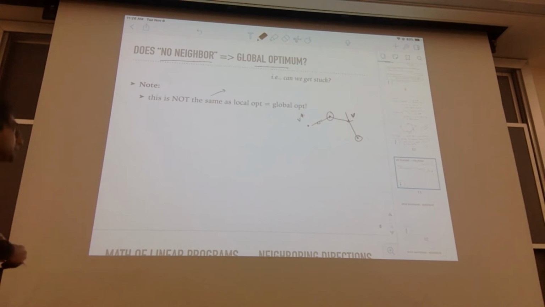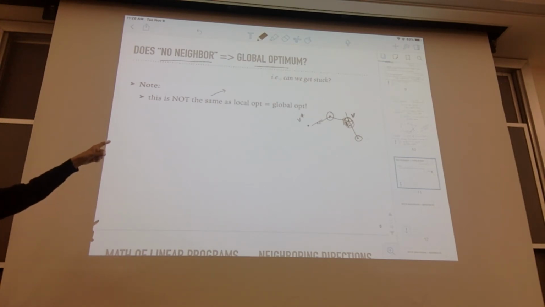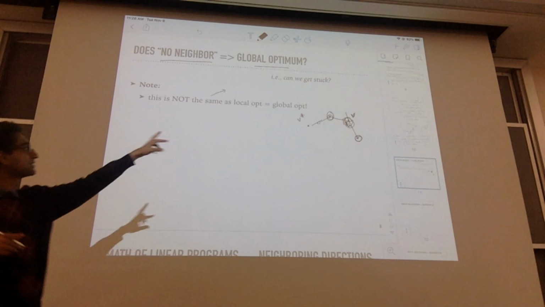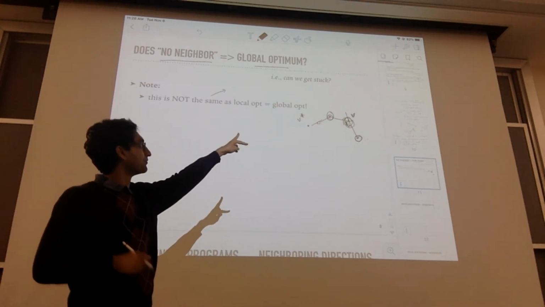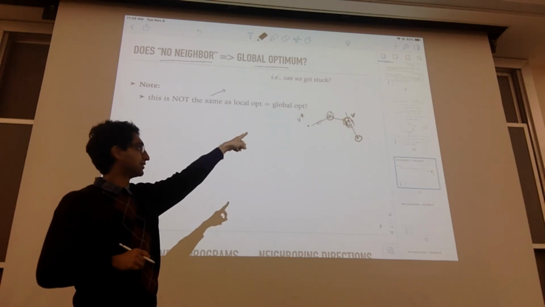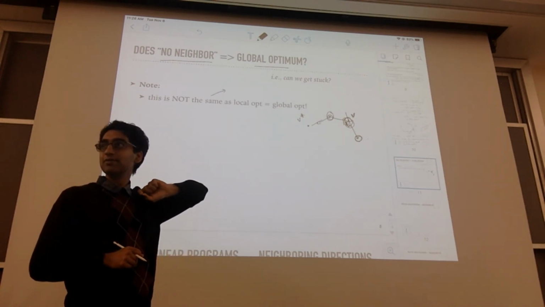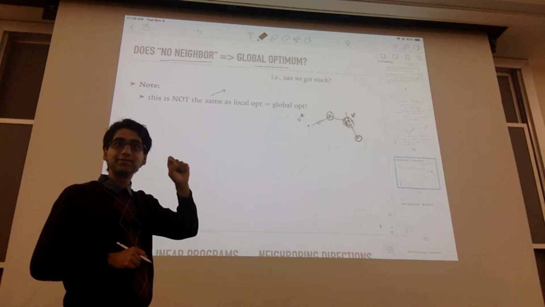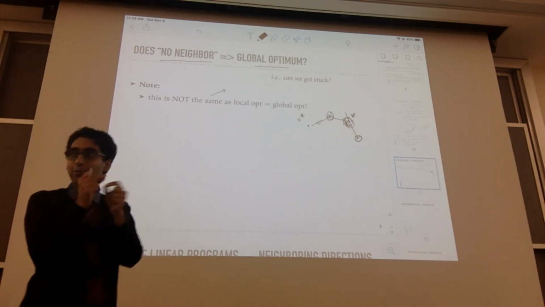That would be true if I was checking every direction around this V and trying to move along it and seeing if I'm improving the cost. I'm not doing that in this algorithm. I'm only checking this point and this point. And the fact that these two were worse, basically I'm concluding that V is optimal.